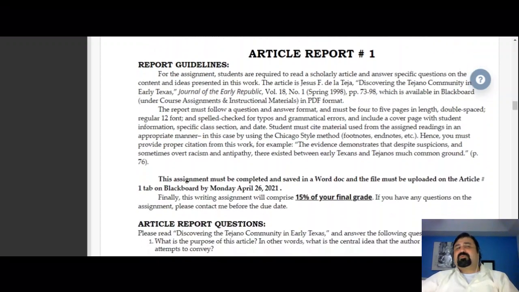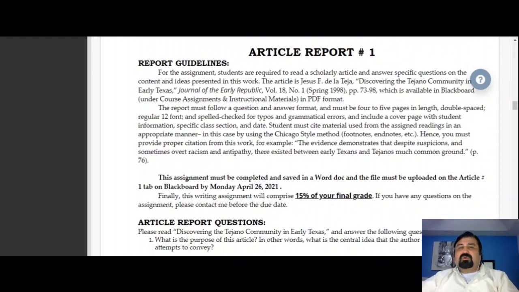The article reports are just reading an article. One article has to do with discovering the Tejano community in early Texas. It's a very good article that explains the similarities between the Tejanos and the Texans.